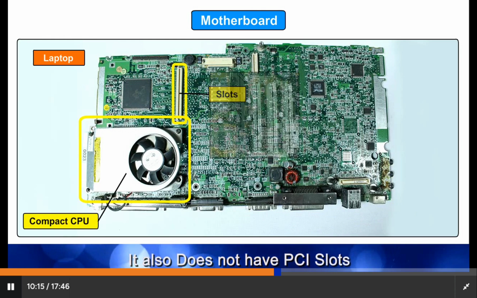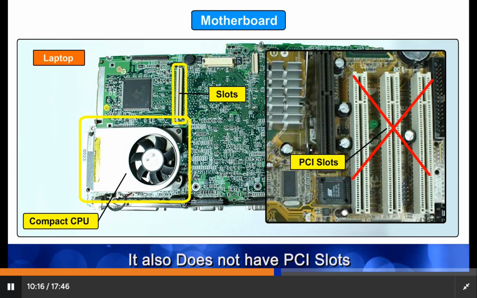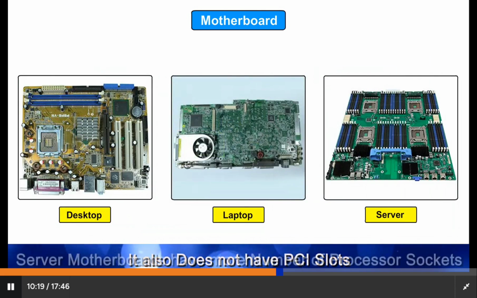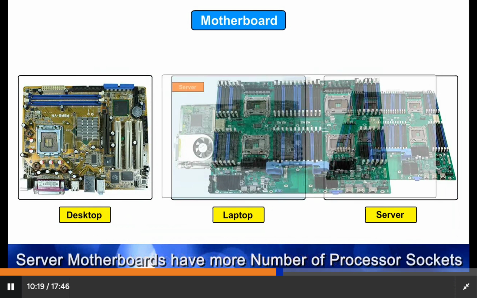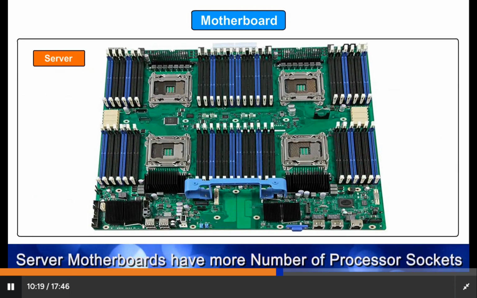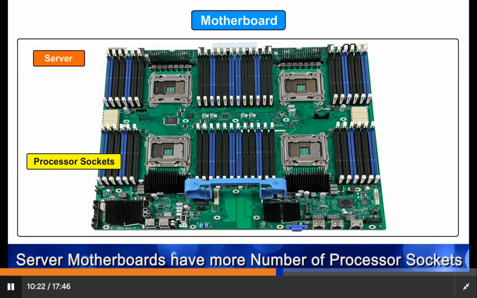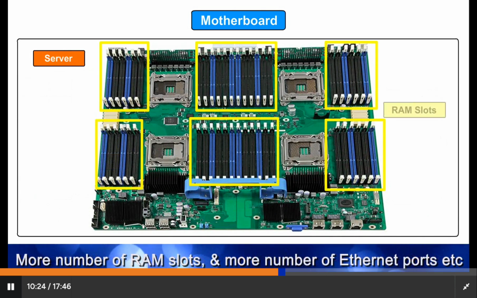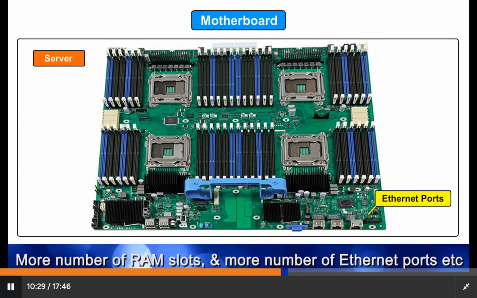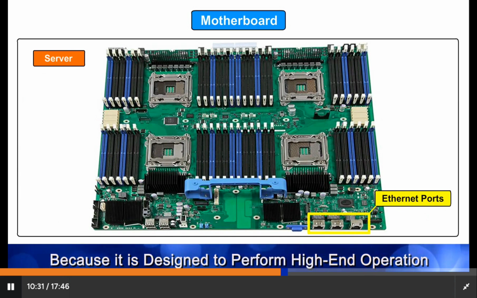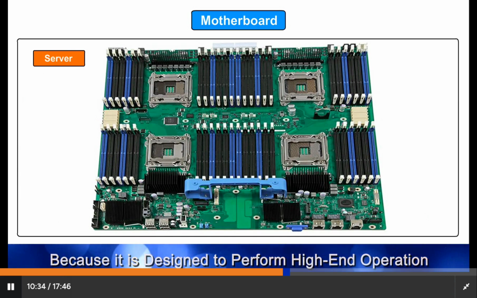It also does not have PCI slots. Server motherboards have more number of processor sockets, more number of RAM slots, and more number of Ethernet ports, etc. because it is designed to perform high-end operation.